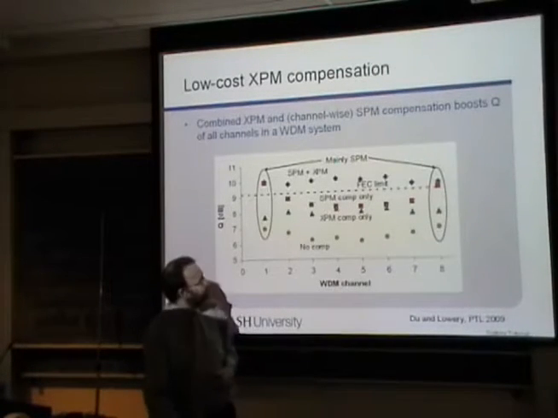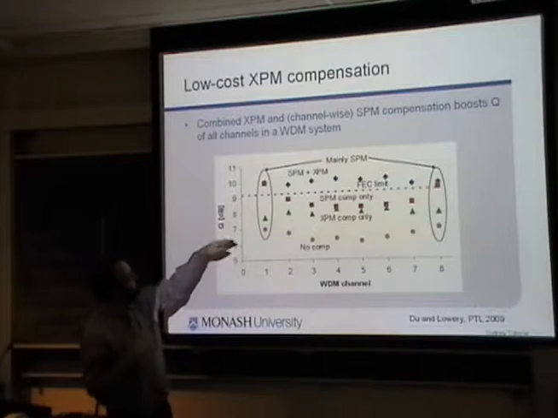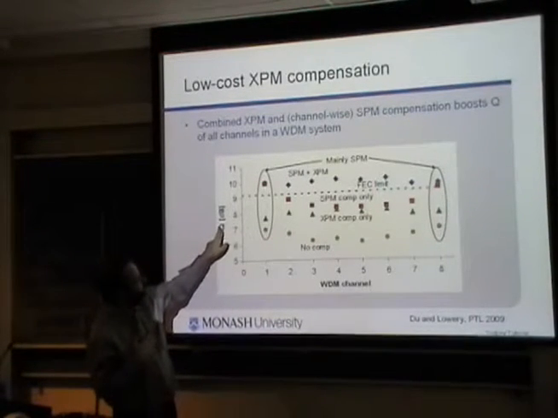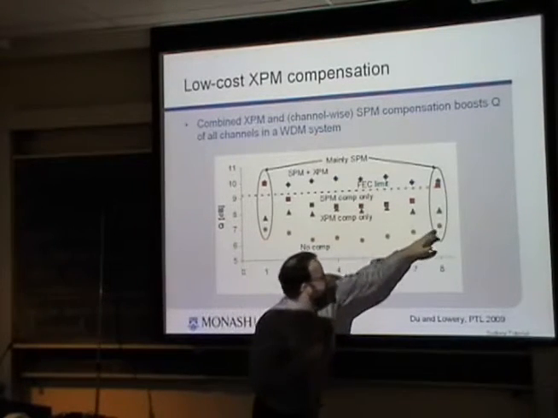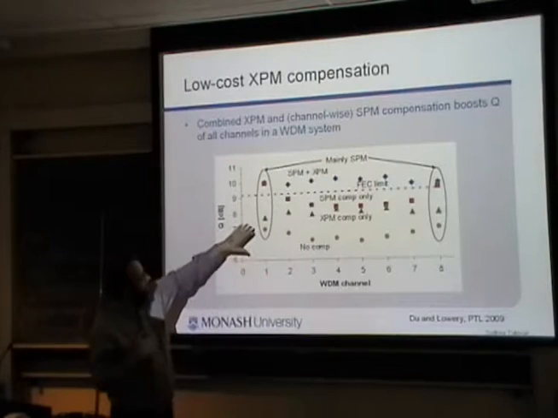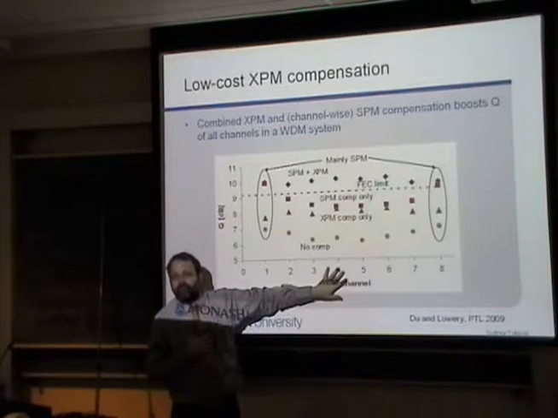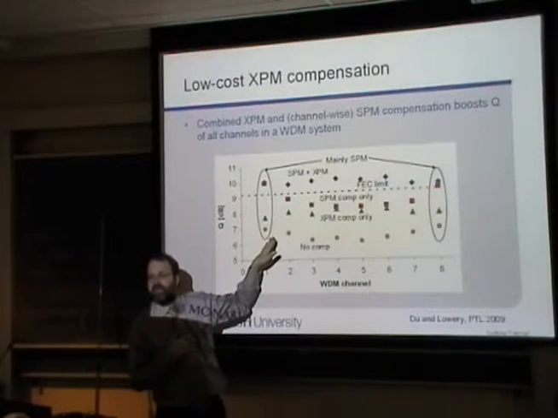So does it work? Well, this is slightly difficult to understand, but if you've got no compensation, the quality of the channel is these orange dots, oranges, I suppose. And the middle WDM channels are affected more than the edge ones. It's because they've got more neighbours close to them.